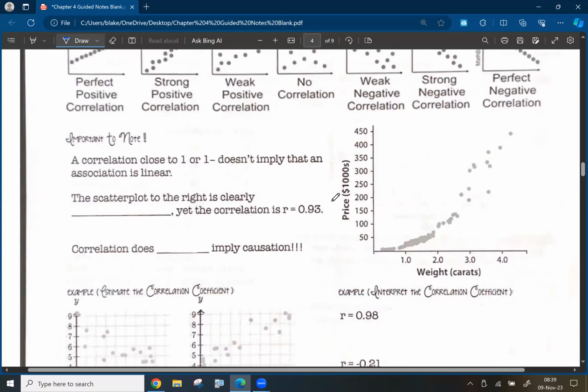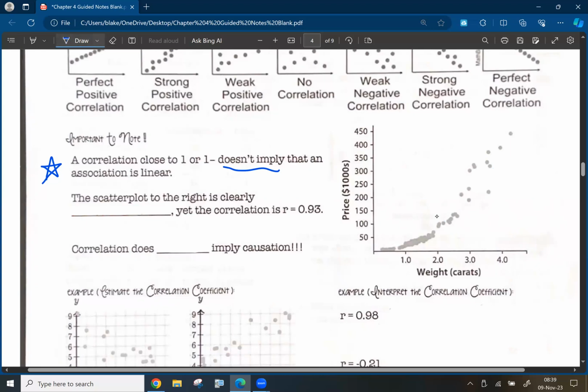A couple really important facts to remember. A correlation close to 1 or -1 doesn't imply the association is linear. An example is this scatter plot on the right. It is clearly not linear. You can tell it's got a curve to it.